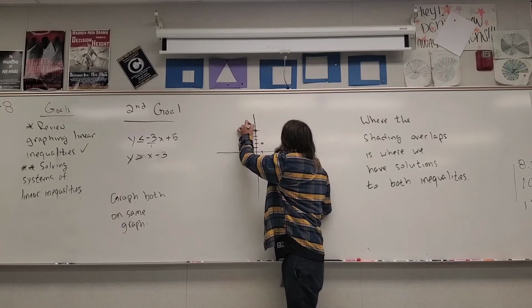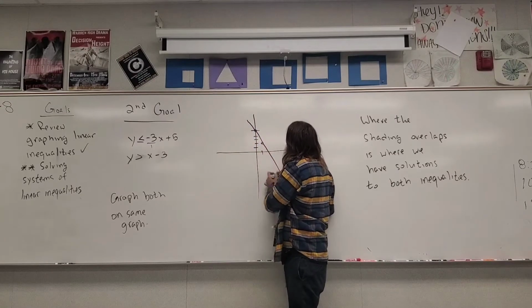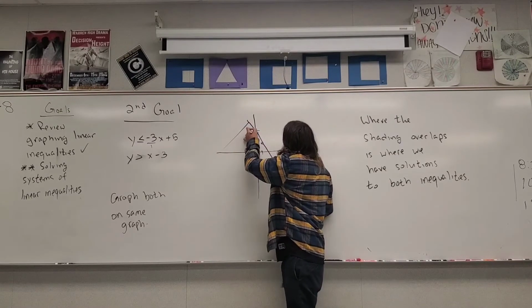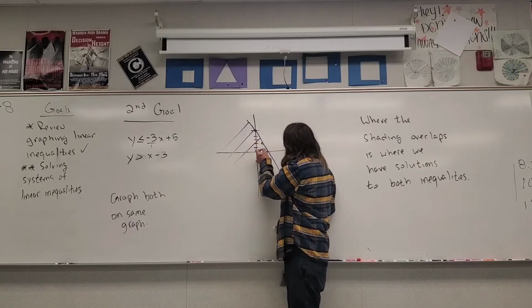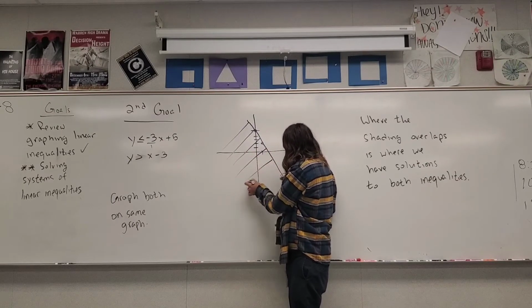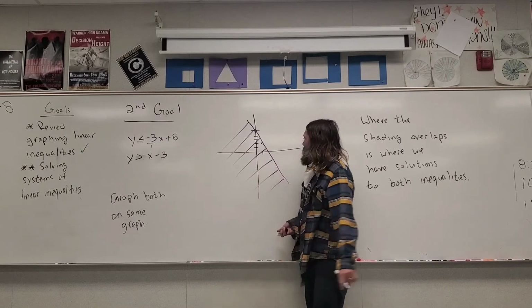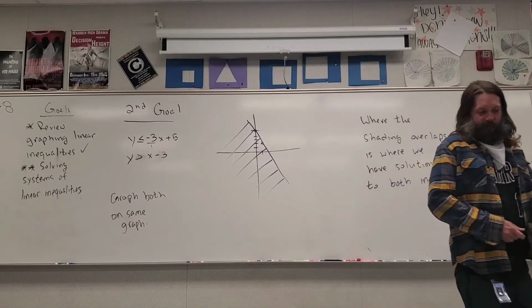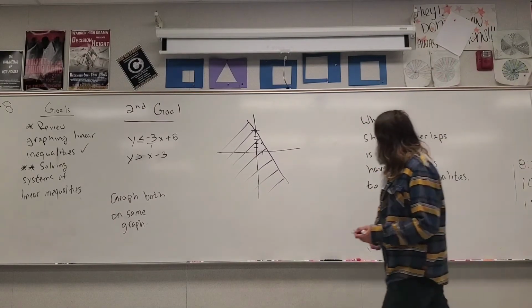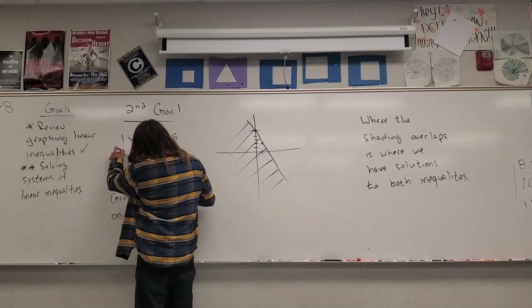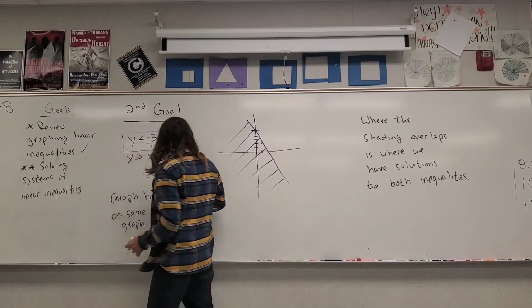My line is solid, and I shade below. And you'll see why, in this example, I don't go crazy with the shading. It makes it hard to see where the answer is going to be if you do that. I'll put a purple box around it so we know that it was done in purple.